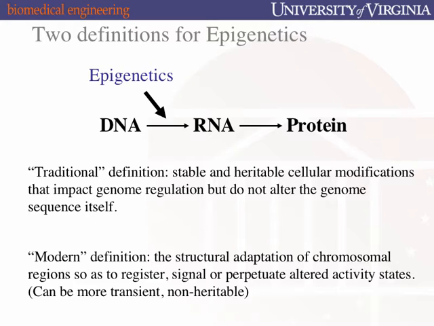Yes? How can you have heritable differences if they don't alter the genome sequence itself? The classic example of that, the slides are merging together to me. The pre-lecture did cover DNA methylation.